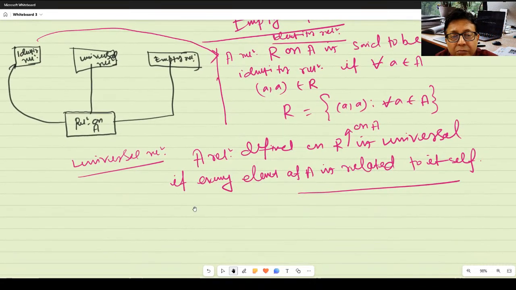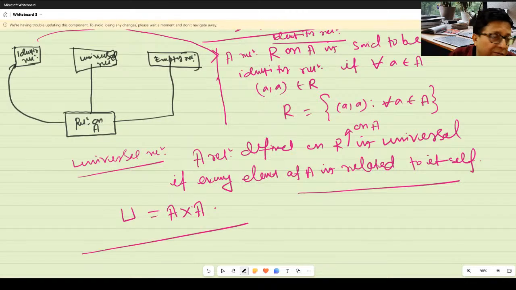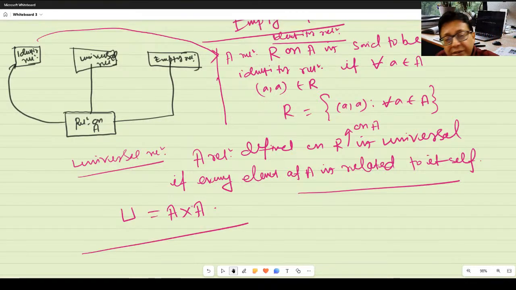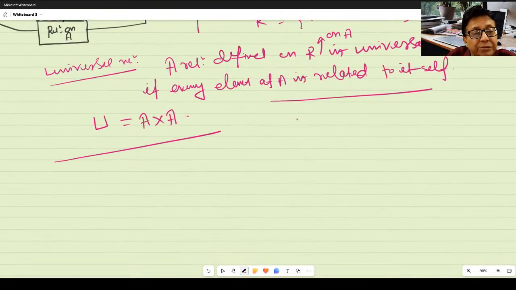Okay? And we write universal relation by this letter U or A cross A. All the elements of the Cartesian product will be there. With the example, I have explained what is universal relation.